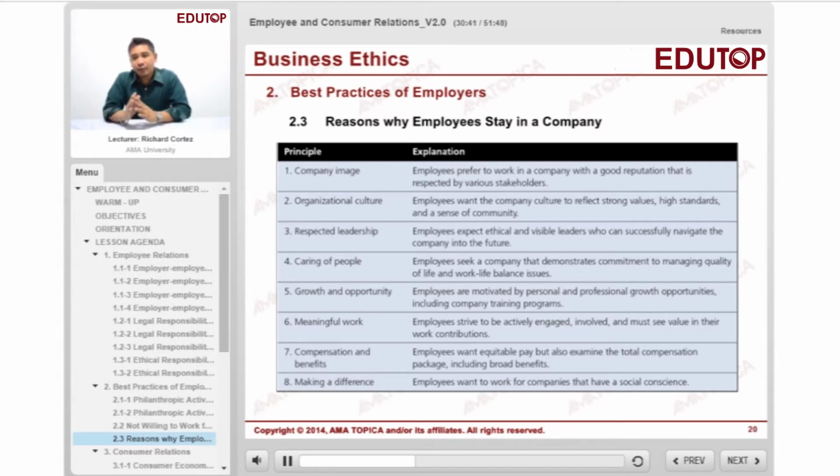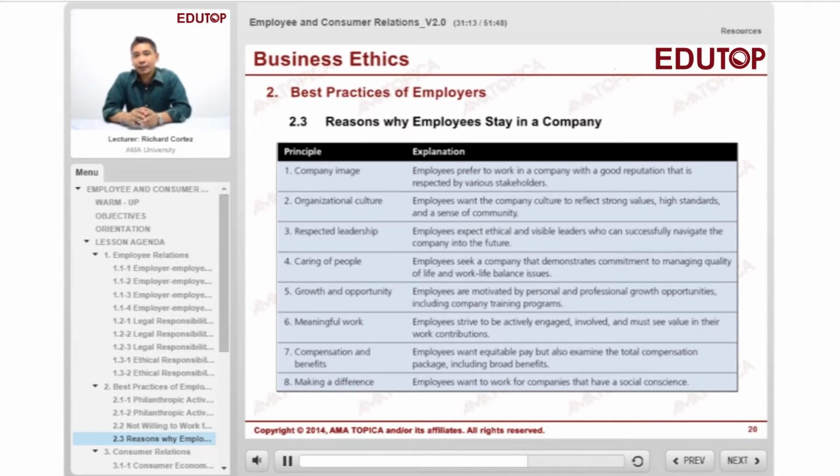Okay? If the leaders or CEO of the company are respectful, the employees will want to stay in your company. If the company takes good care of the people, health benefits, taking good care of the career of the people, they want to stay. If the company has a program for growth and opportunity, employees want to stay. And meaningful work, compensation, benefits. So take note, number seven, compensation or salary is only number seven.